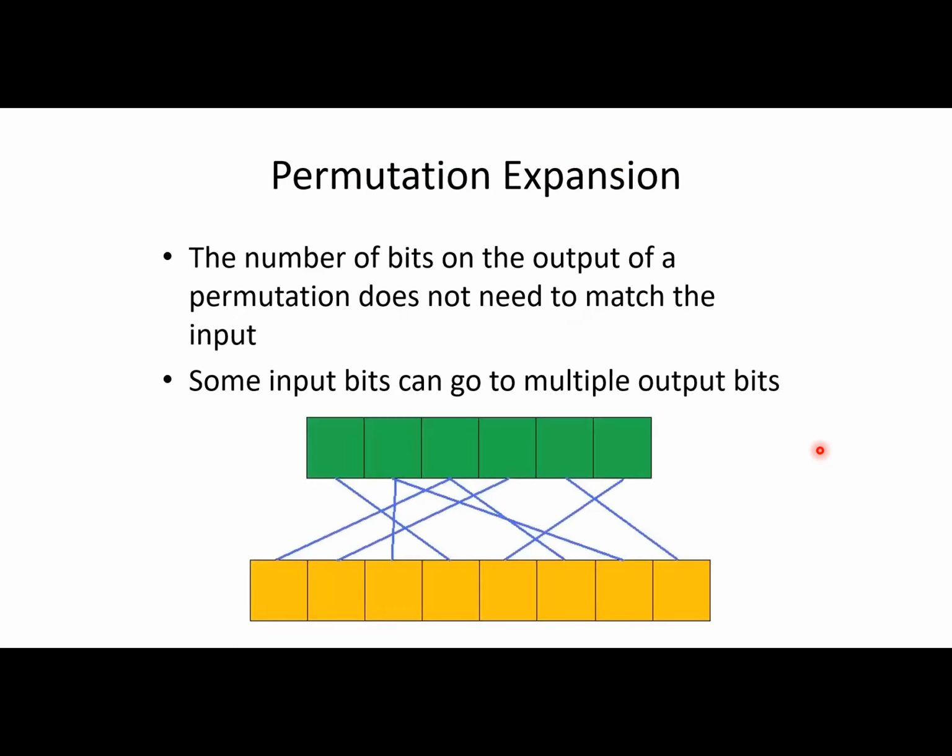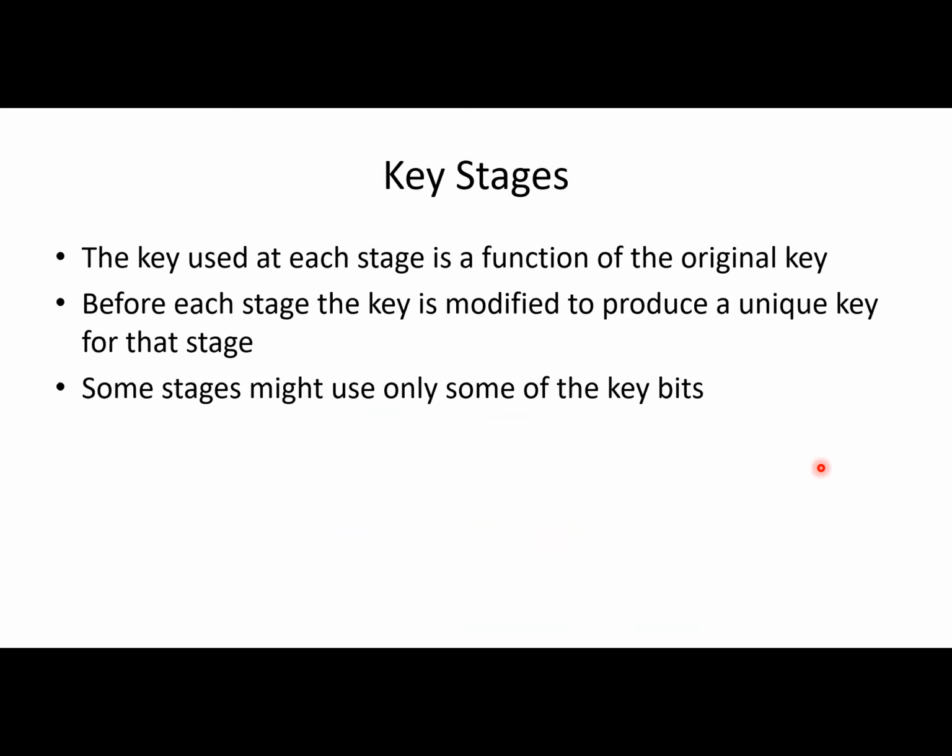Okay. Permutation and expansion. Again, permutation just rearranges the bits. The bit that was over here becomes over there. It's more or less random, although I'll tell you that none of this is random. The people who invented these algorithms spent a lot of time making sure that it was hard to break. In this case, you can see there are 6 bits coming in, 8 bits going out, and after that you could do a substitution.